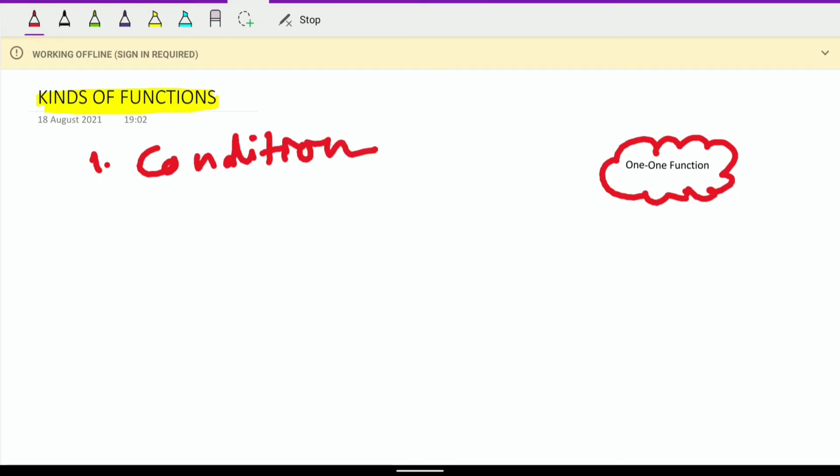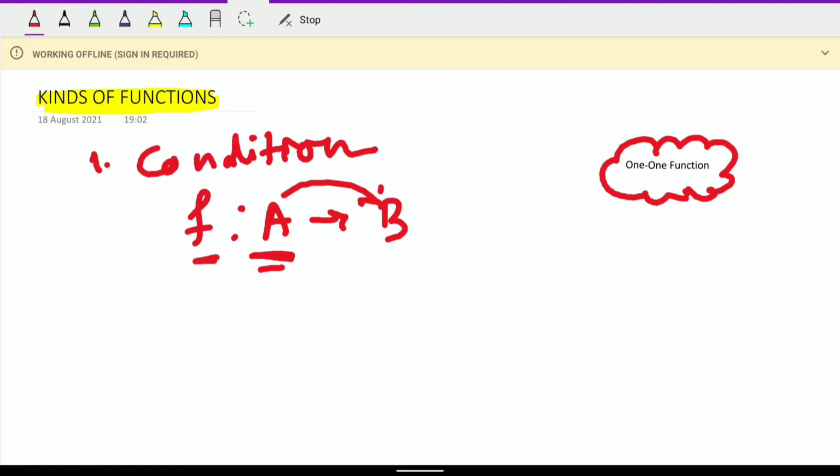If f is a function from A to B, then f associates all the elements of set A to elements in set B, such that an element of set A is associated to a unique element of set B. I already told you and wrote the conditions on the board.